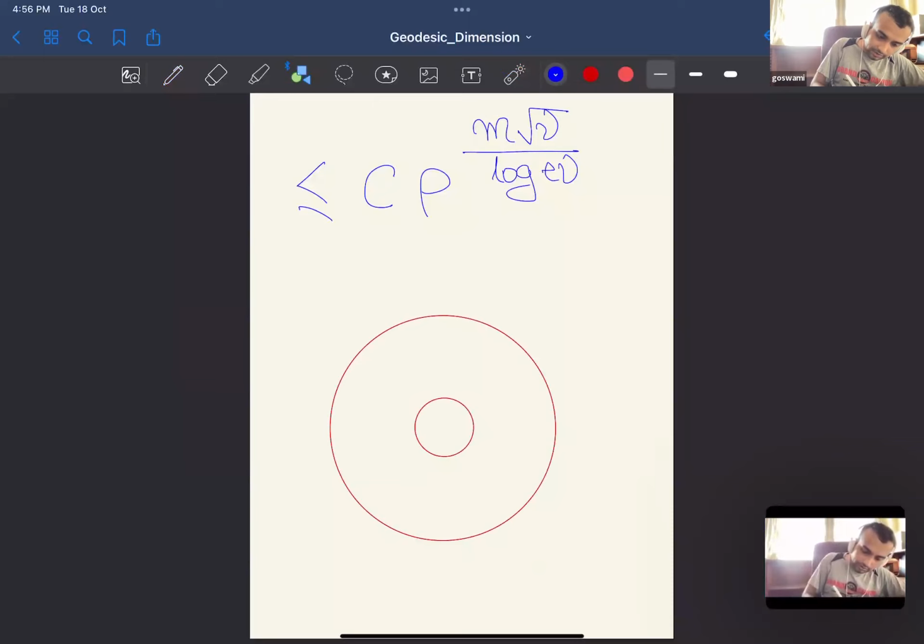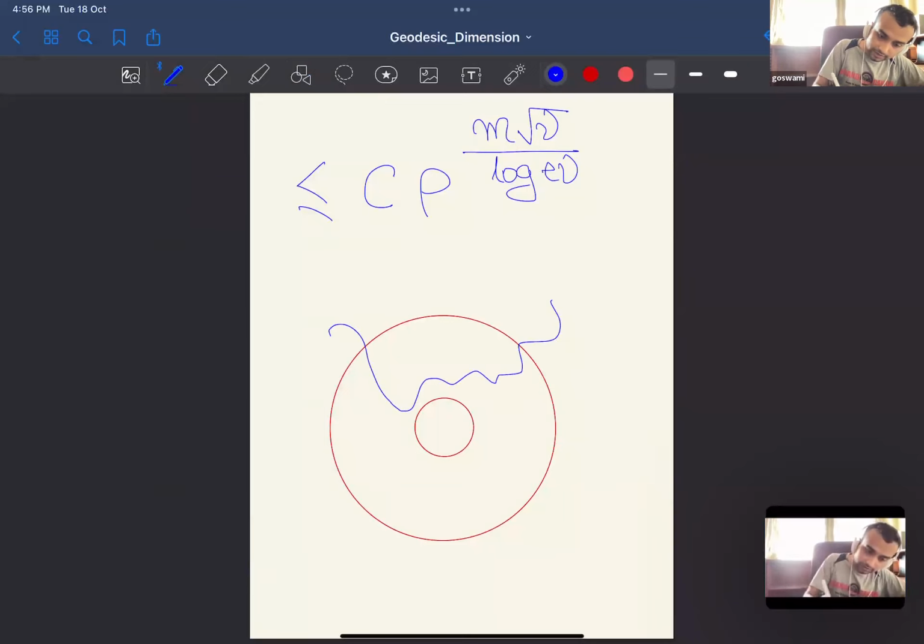I want to say that with positive probability, first just for one ball, a geodesic will avoid this inside ball of radius half.